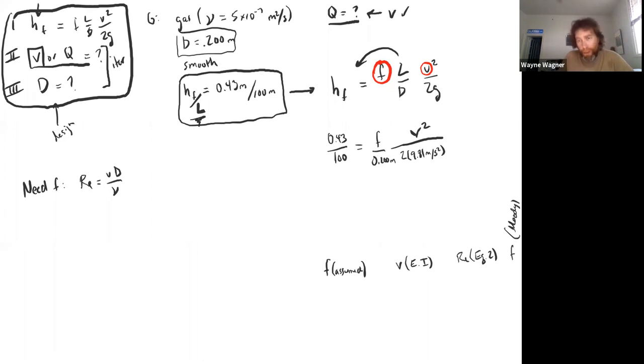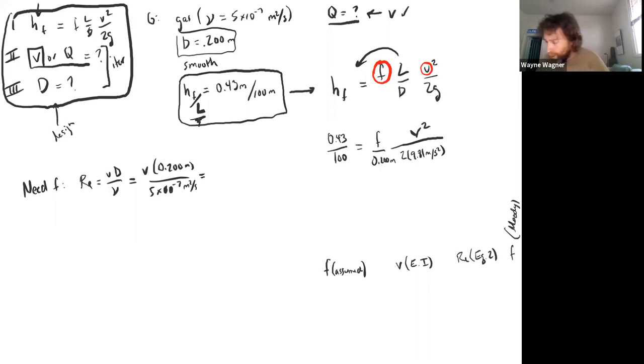So if we knew the velocity, we'd be in good shape. I'm going to give you as much of this as we can do. So the V, we don't know. The diameter is 0.200 meters. And the nu is 5.5 times 10 to the negative 7 meters squared per second.